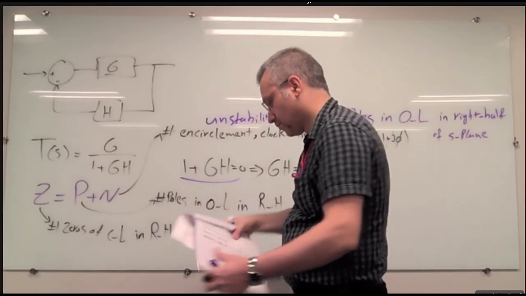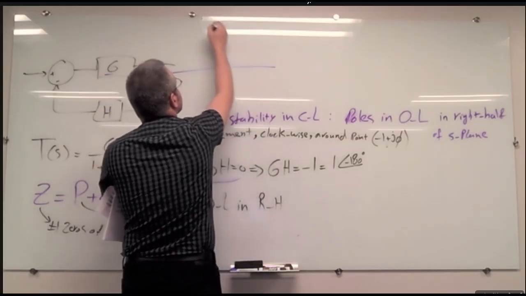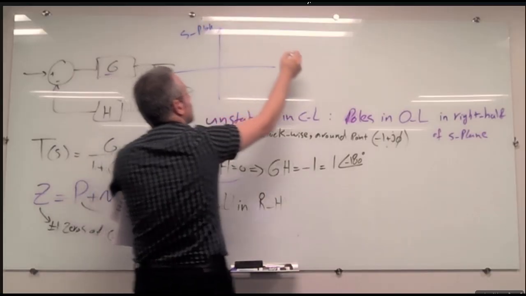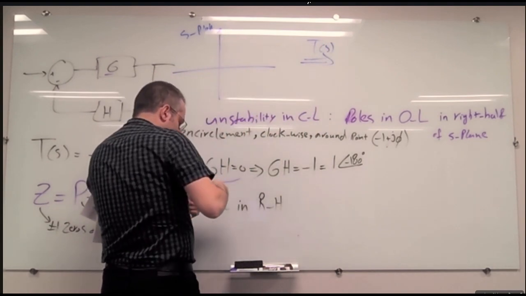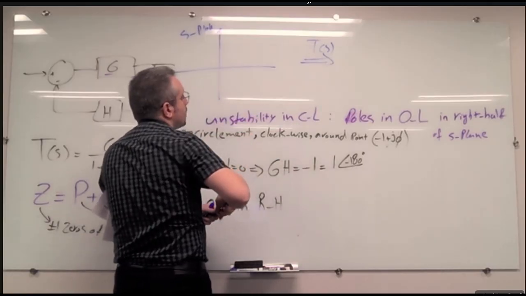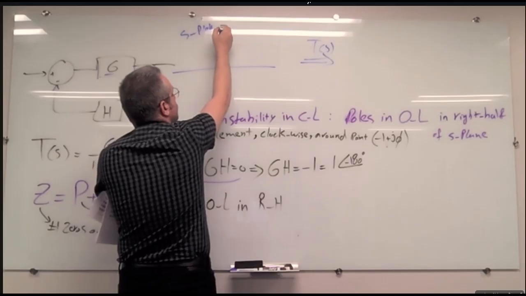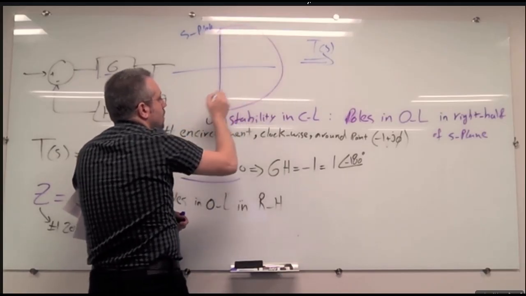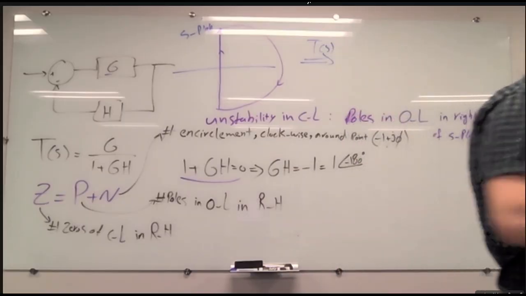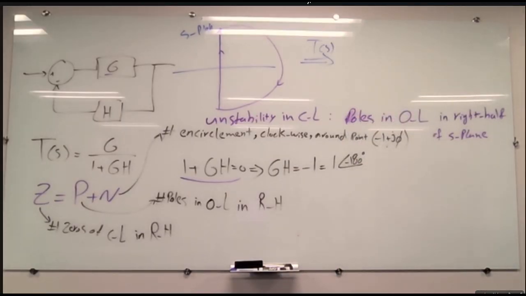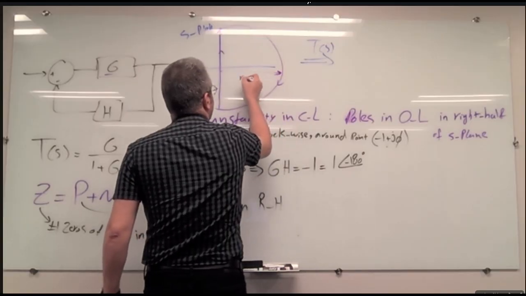So if that is true, we can define the contour mapping for our Nyquist. This is the S-plane, mapping the contour that encapsulates everything in the right half side, from minus infinity to plus infinity on the imaginary line, and then around through the real axis with R equal to infinity.